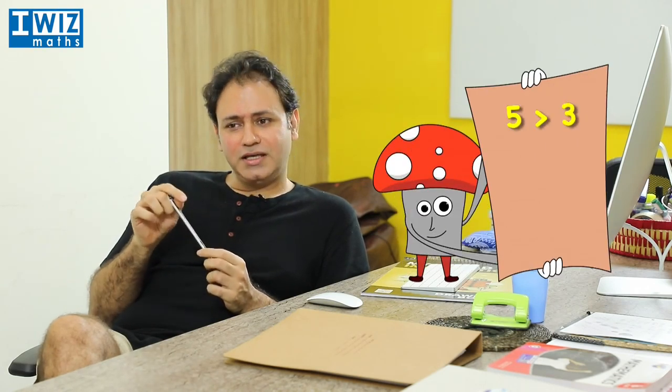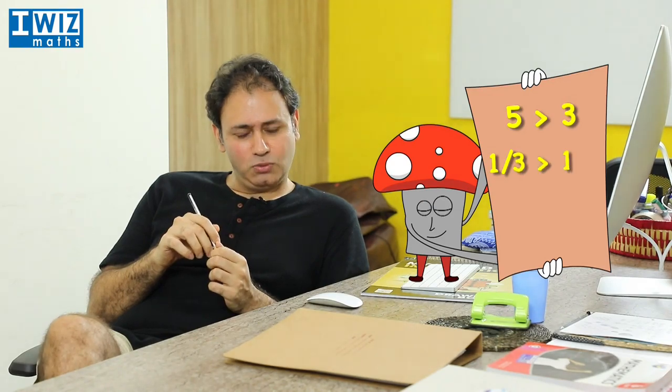So through such sharing mechanisms, it's often easy to remove the confusion which sits in children's minds about why, while 5 is greater than 3, 1 upon 3 is greater than 1 upon 5.